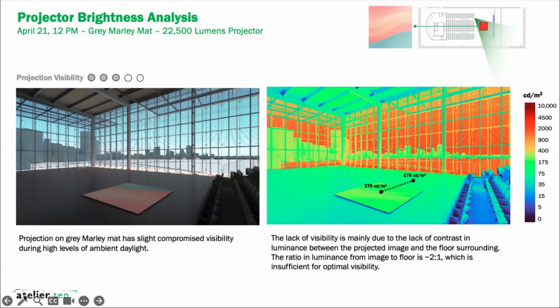A big part of that is going to be the immediate connection between the luminance of the projection on the Marley mat and the surrounding floor. We saw that when they were more similar, the projection was much less visible, and when there was a higher contrast, it was more visible. We can go into the weeds like you're saying, but this was just an easier way to communicate with the architect how to improve visibility of the projection.